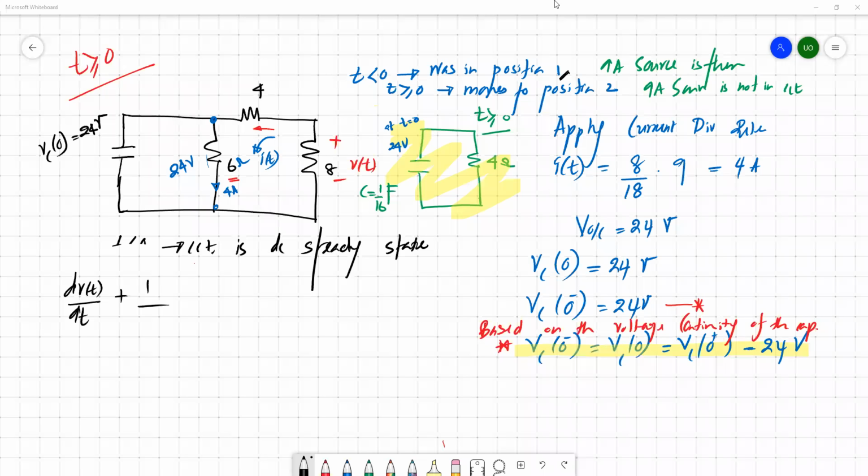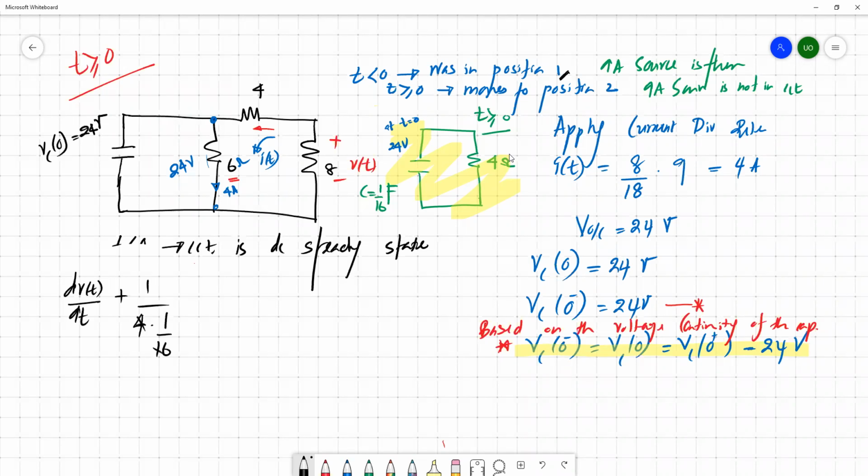Now hope you can see the screen. So we have R is 4 and capacitor is 16.